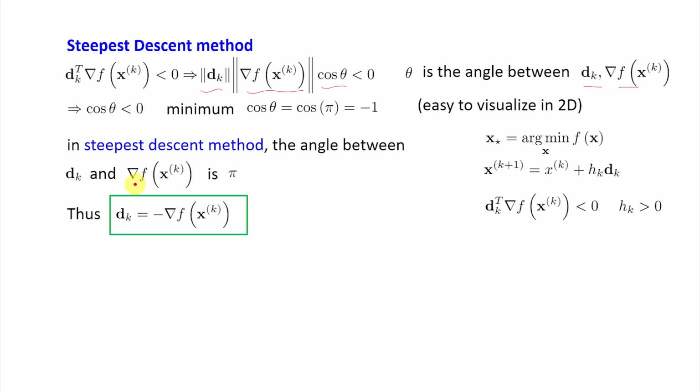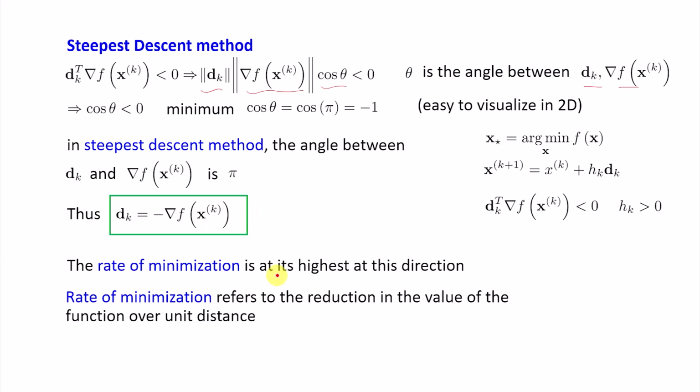Since the angle between dk and nabla f is pi, we can say that dk is equal to negative of nabla f(xk). So one is going against the other. You forget about the magnitude. If one goes against the other, that is sufficient. The magnitude part we can take care of in the step size. But here we are concluding that if the descent direction goes against the gradient, that is the steepest direction, or in that direction, the function will decrease at the fastest rate.